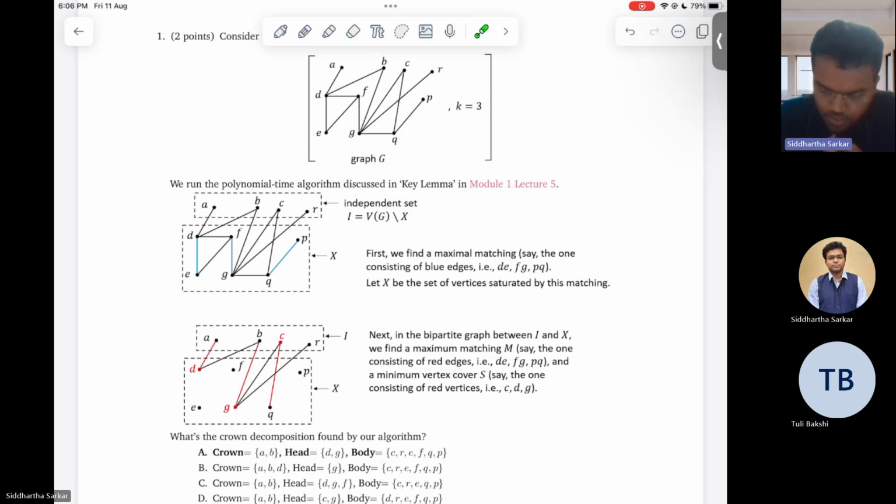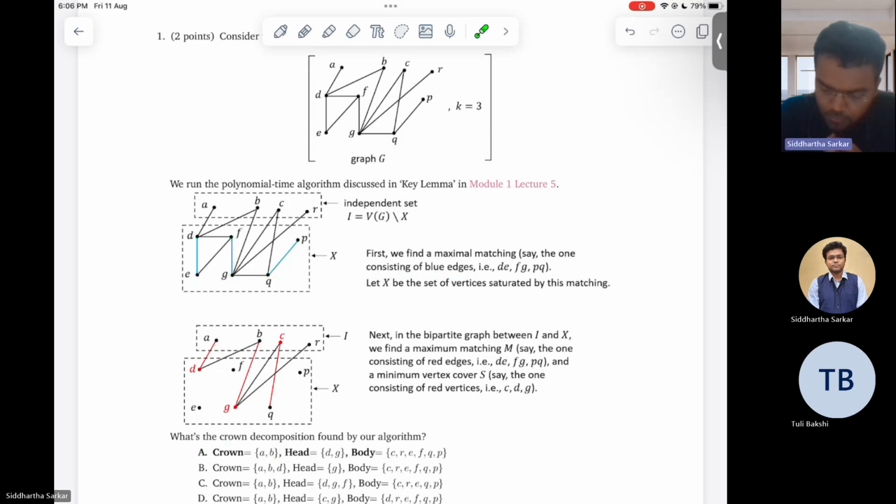So the first step is to find a maximal matching in the graph. In this case, the maximal matching is being shown by these blue edges DE, FG, and PQ.